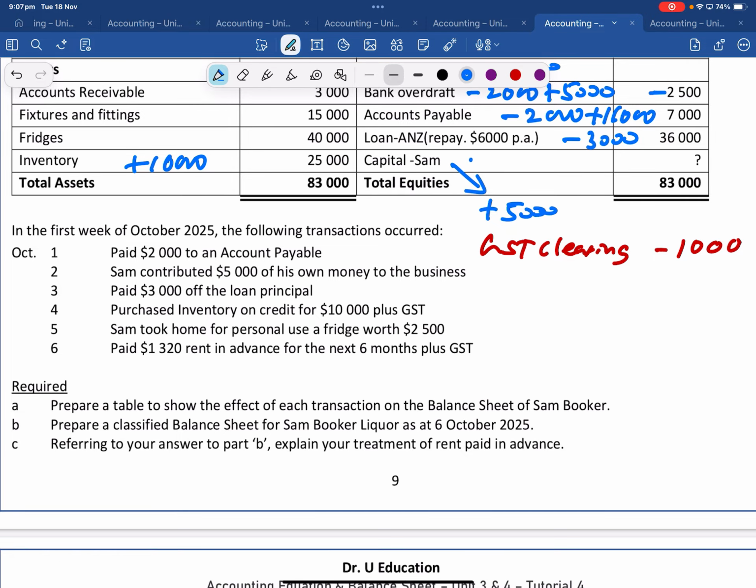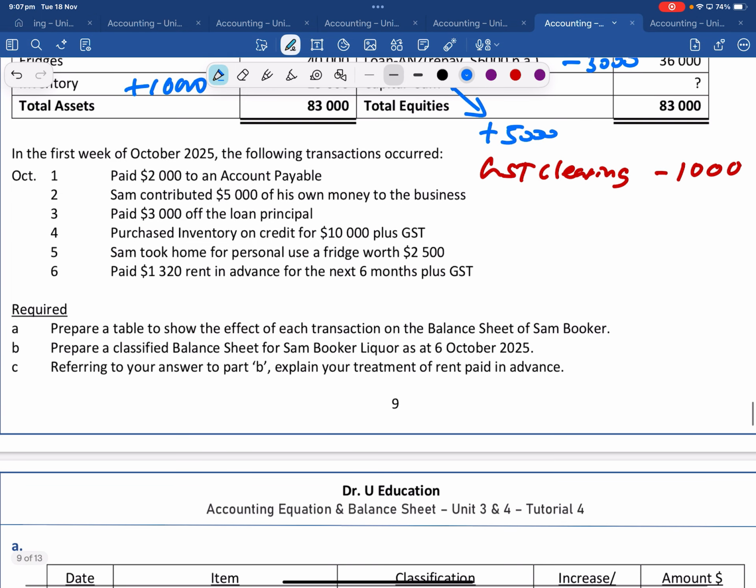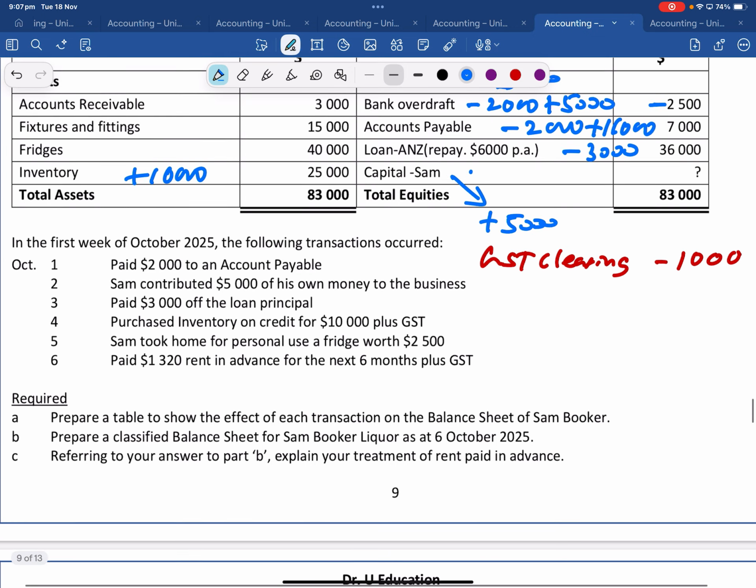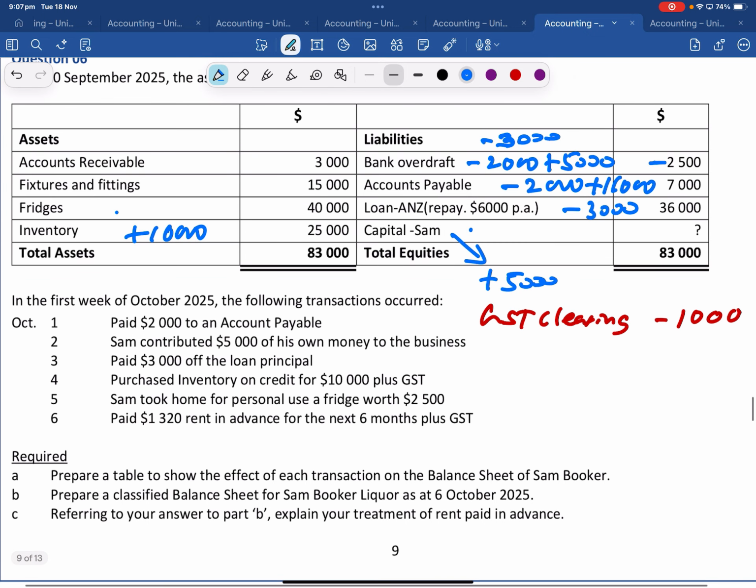Sam took home for personal use a fridge worth 2,500. Then what happens? Fridges minus 2,500 and drawings, we'll have drawings plus 2,500.